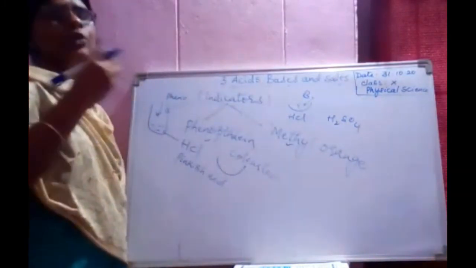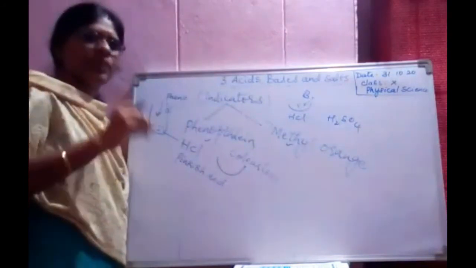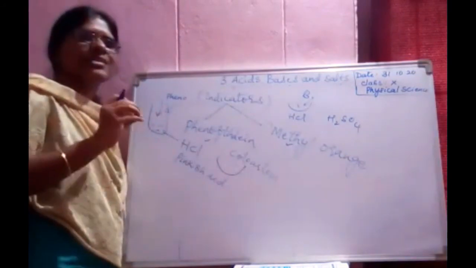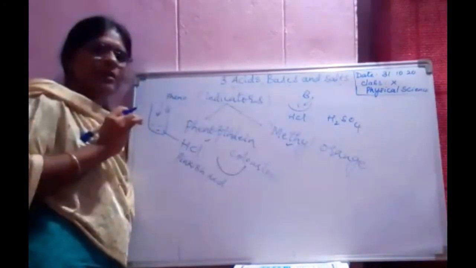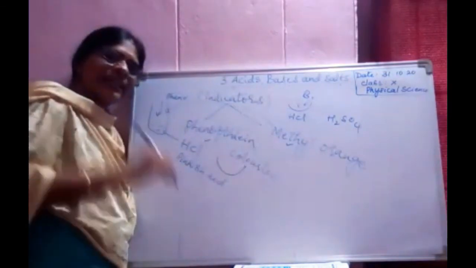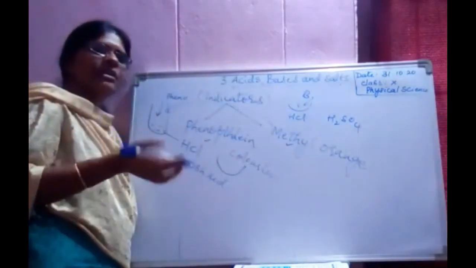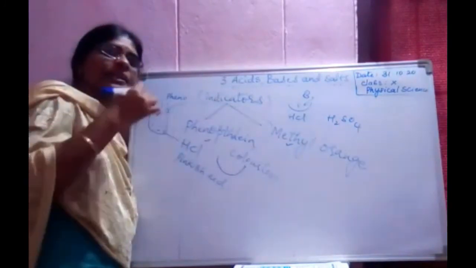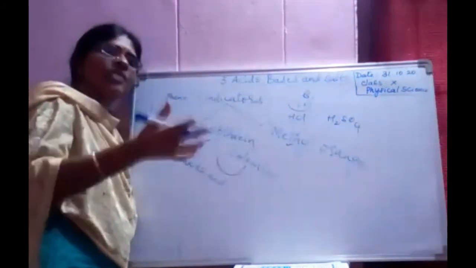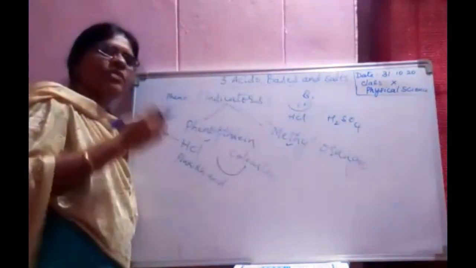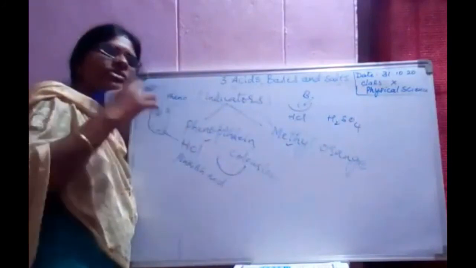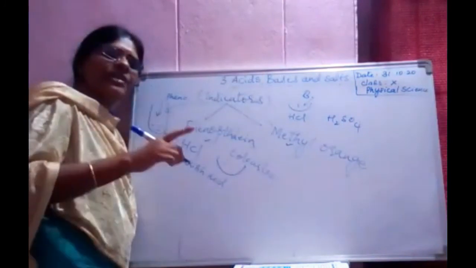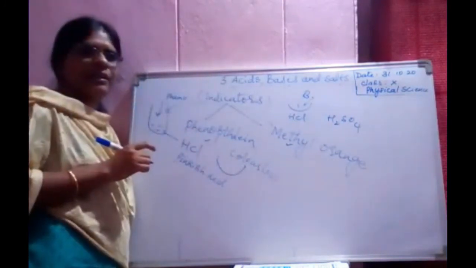Whenever a blue litmus turns red, it is an acid. This is the test by using a litmus paper. By using the indicators, whenever you add methyl orange to an acid, it turns pinkish red. The solution will turn into a pinkish red color solution. Then we can say the given substance is an acid.